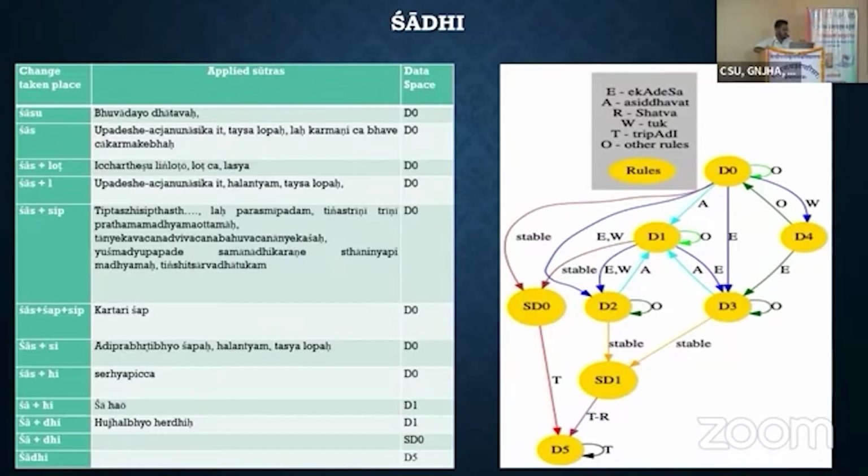And seeing the Jhalanta Tattva of Shas, it will change He to Dhi. And hence both the changes will be stored in D1. And when we get both the changes in D1, it will pass to SD0. And from there, from Tripadi, it will go to D5 and we will get the output as Shadhi. So here we can see how beautifully the concepts of Adesha Lakshana Pratishedha and Utsarga Lakshana Bhava have been accommodated in this model.